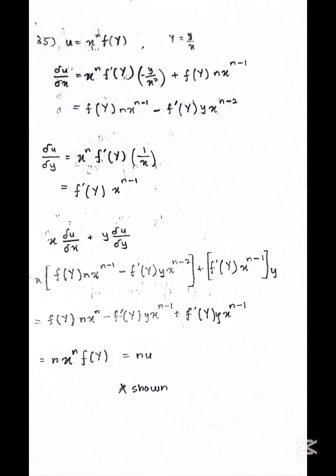We differentiate u with respect to x until we get f(Y) n x to the power of n minus 1 minus f prime(Y) y x to the power of n minus 2. Same goes for del u over del y: we get f prime(Y) x to the power of n minus 1. Then we multiply x with del u over del x, and same with del u over del y we multiply by y, and adding both we get n x to the power of n f(Y), which is the same as nu.